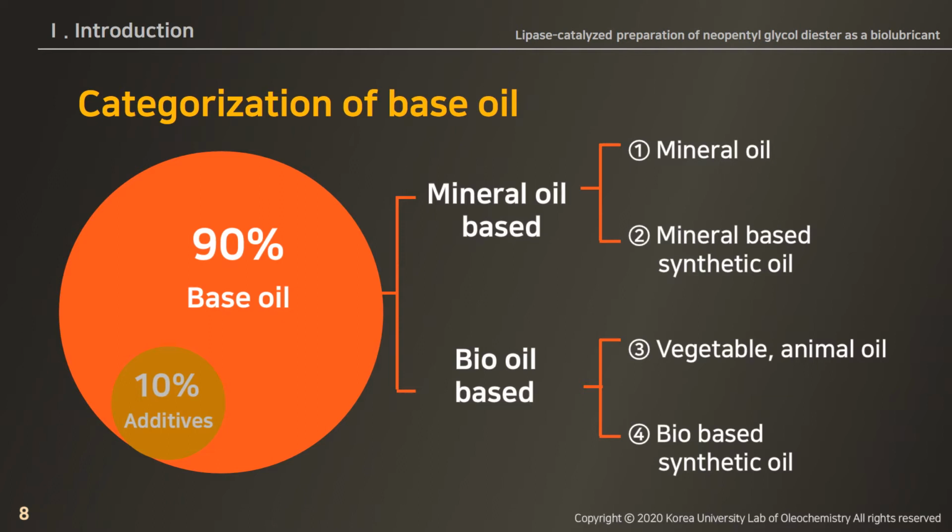Mineral oil is sourced from petroleum crude, and bio oil is sourced from natural oil. Some oils are structurally modified by chemical reaction for increasing some properties and performances, and these are all called synthetic oils.